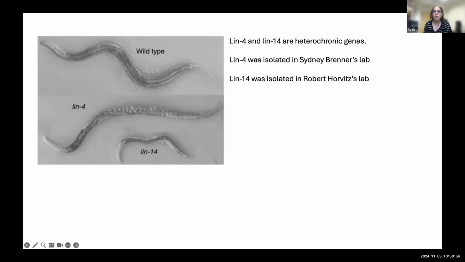So Sydney Brenner isolated lin-4, and in Robert Horvitz's lab, he isolated lin-14 as another heterochronic mutation. So lin-14 mutation is actually really small, and it caused the worm to stay in early developmental stages, larval stages.